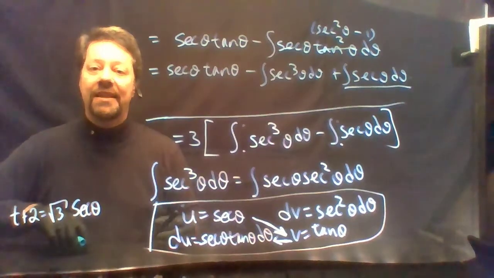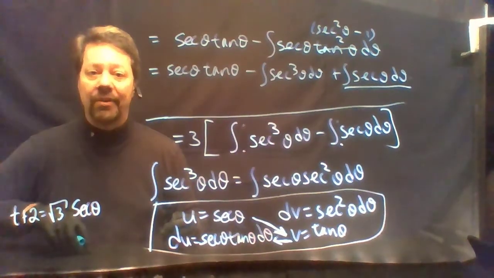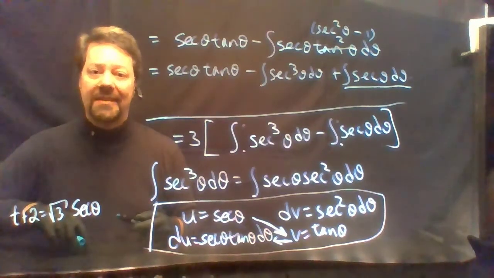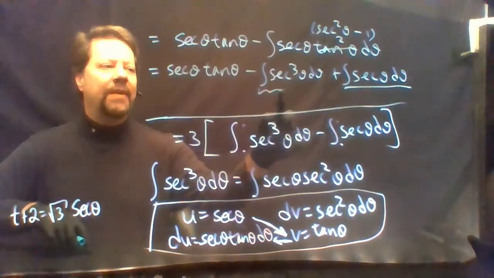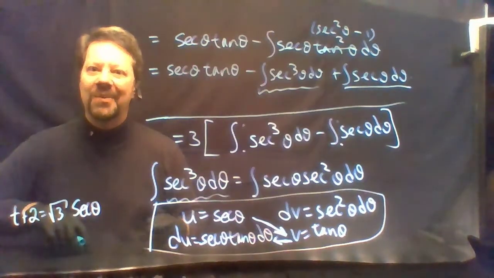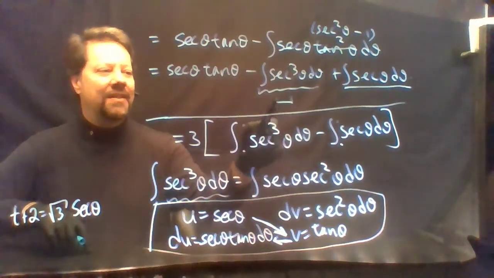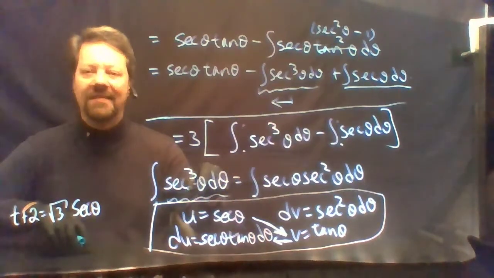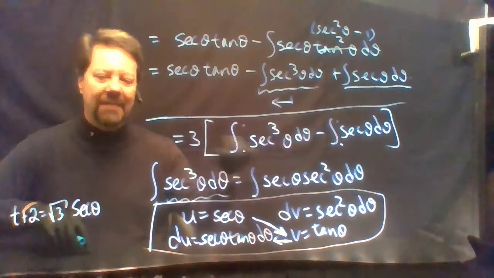We just showed that the integral of secant theta is the natural log of the absolute value of secant theta plus tangent theta, and then plus an arbitrary constant. We know that. But here we have what it is that we started with. What do? This is a classic integral where you send this to the other side to join its twin. You end up with 2 of them, and then you divide by 2.